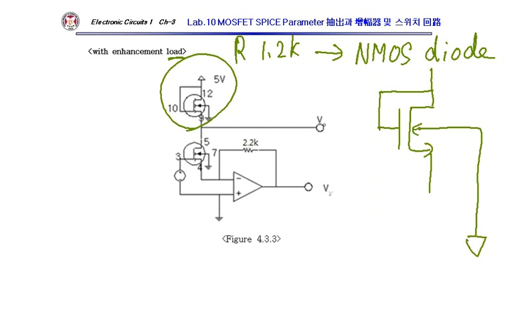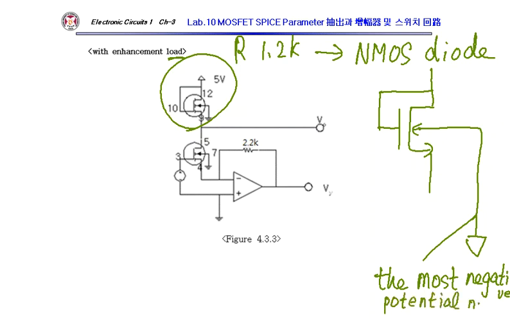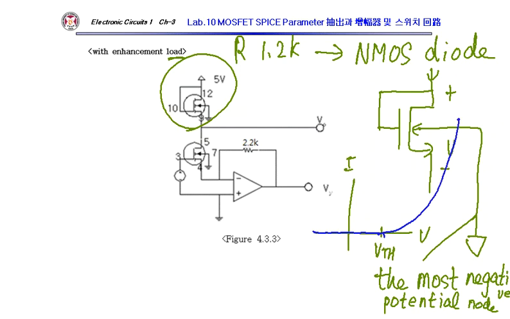So this IV characteristic flows current in one direction only, right? So it is a diode, right?